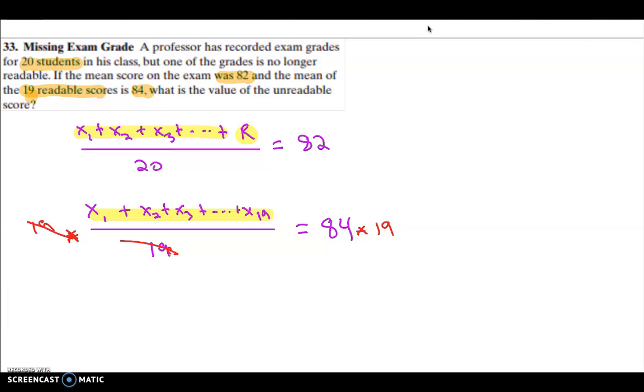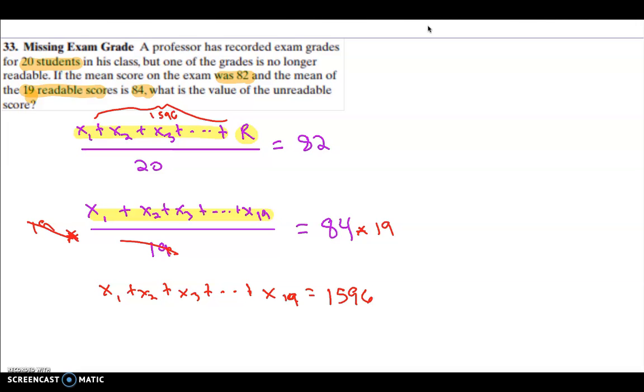When I multiply by 19, this tells me x1 plus x2 plus x3 on up to x19 is 84 times 19, which gives me 1,596.